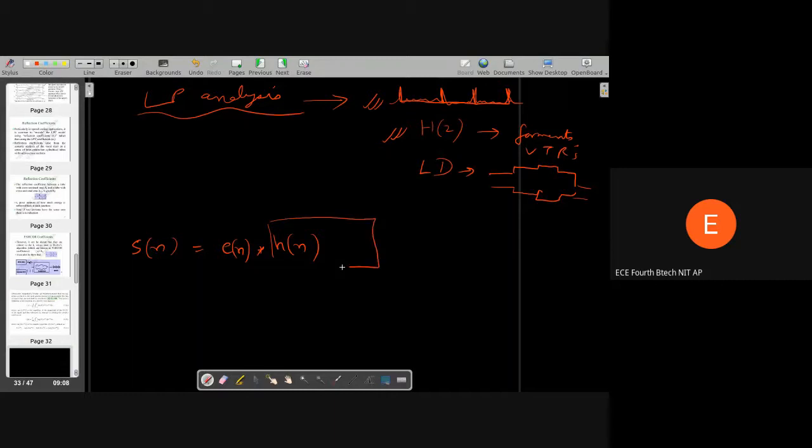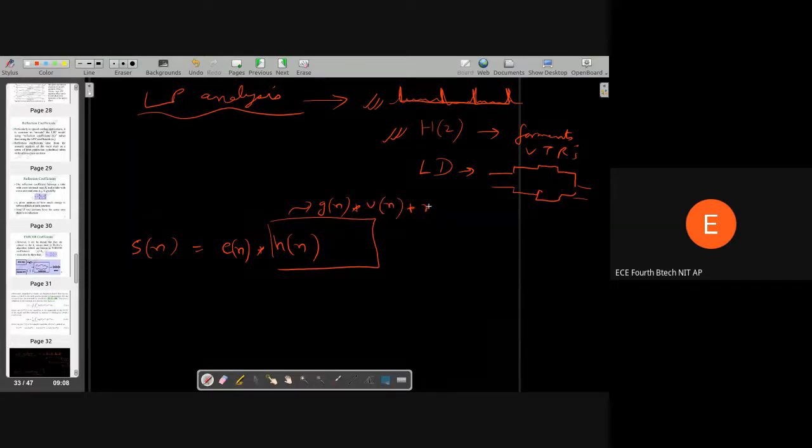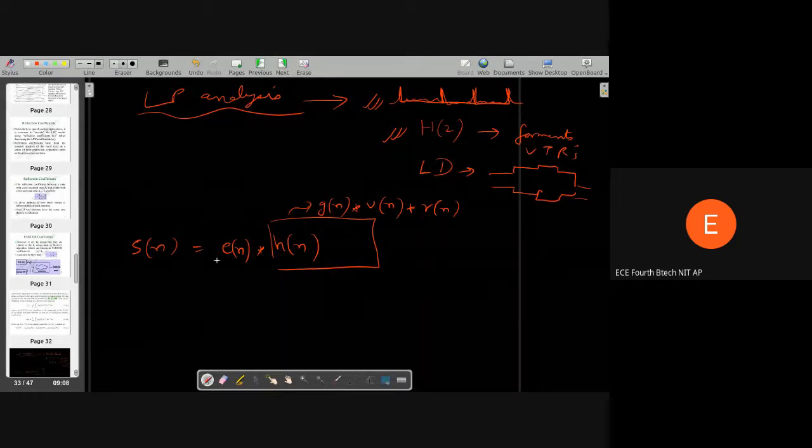The system has different parts, of course, glottal model, vocal tract and lip radiation, but you can consider all this as a complete system, and it is convolved with the excitation. The speech waveform is what we record; that is in our hand.